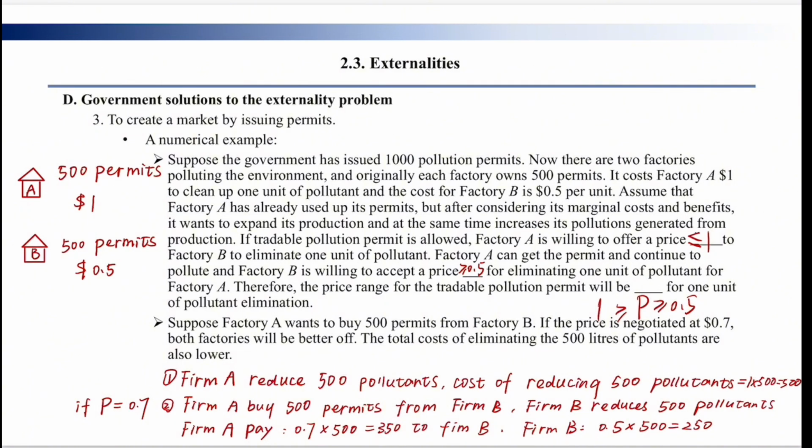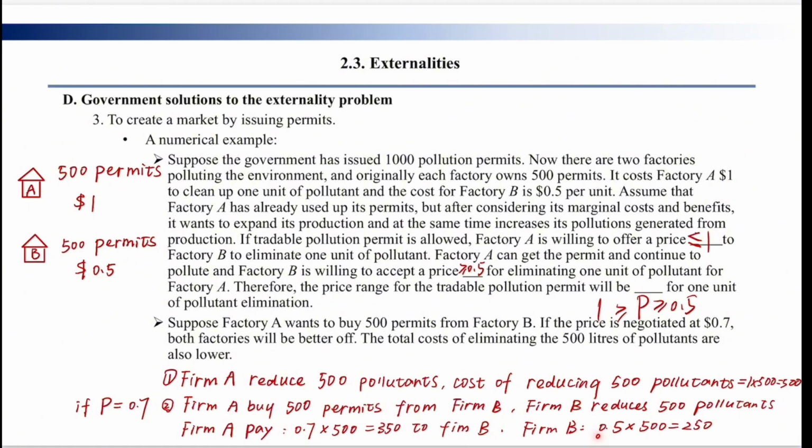Okay, then assume that there is a transaction between factory A and factory B. For example, the trading price is $0.7. That is equivalent to factory A buying 500 permits from factory B. Then factory B needs to treat its 500 tons of pollutants by itself.